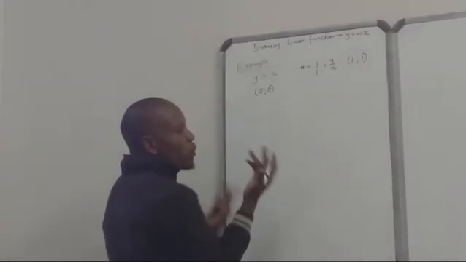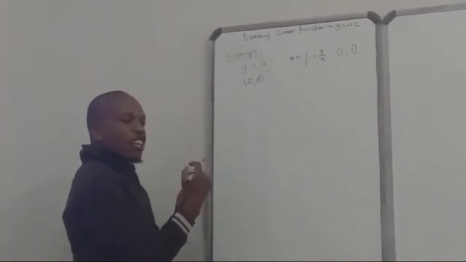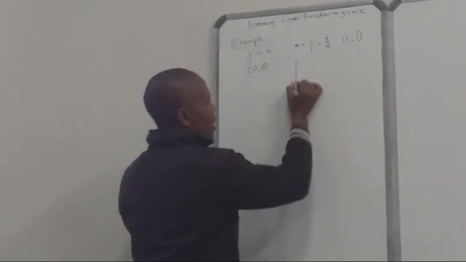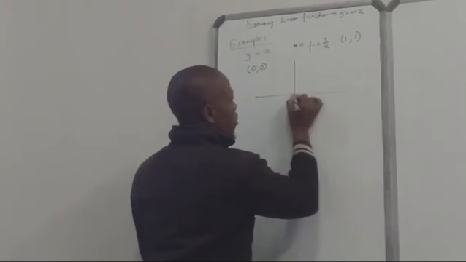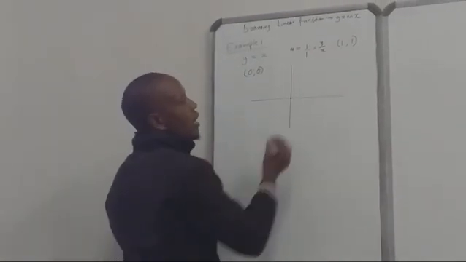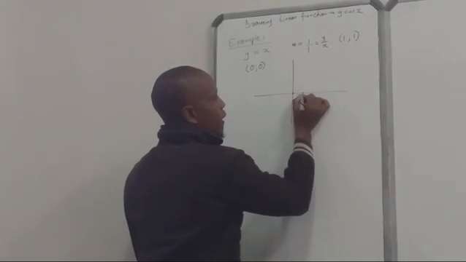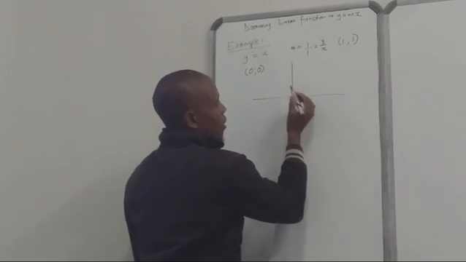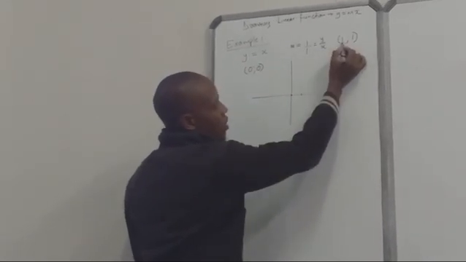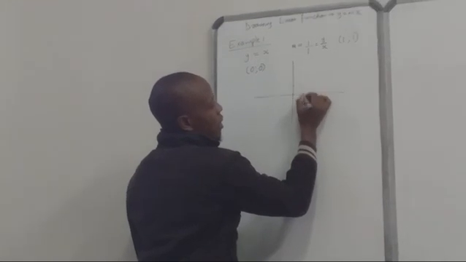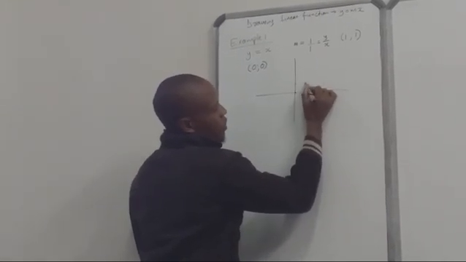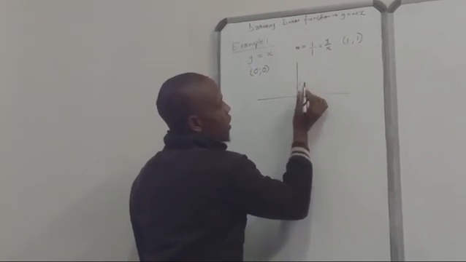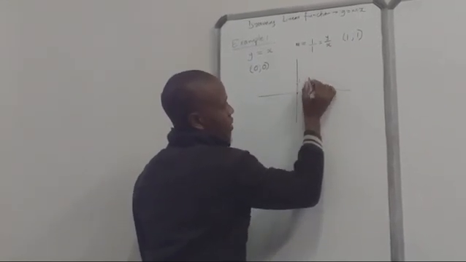And therefore, when we have 2 points, we can draw a straight line with ease, without any problem. Our first point is here, and then another point is 1 and 1. You trace your x from 1, and then you trace your y, which is also 1, from the y-axis.